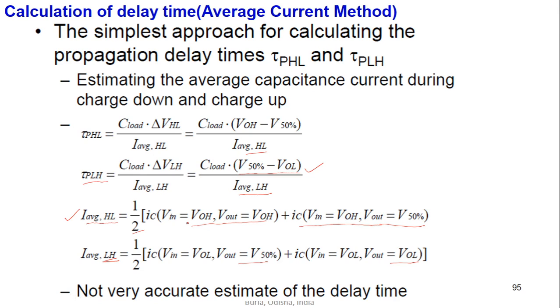So this is how we can calculate the value of average currents, that is I average HL and I average LH.